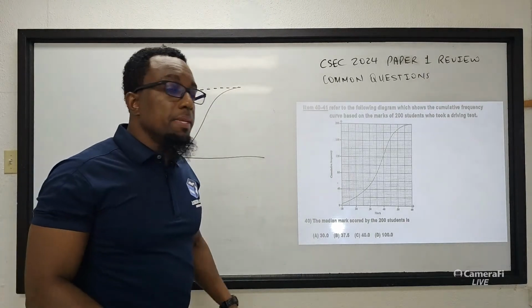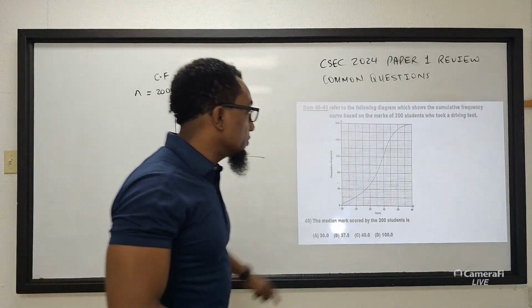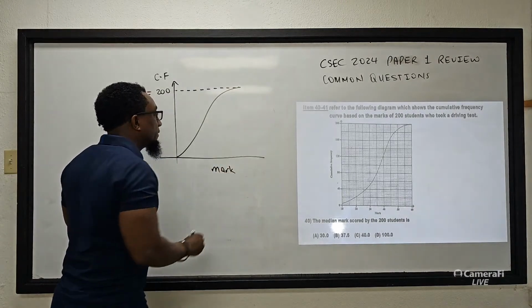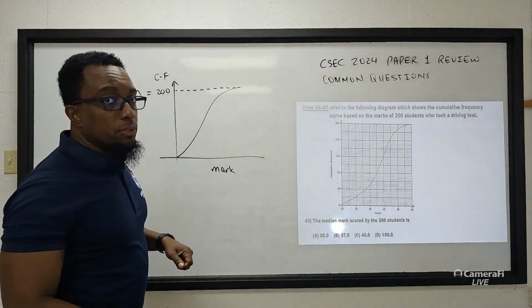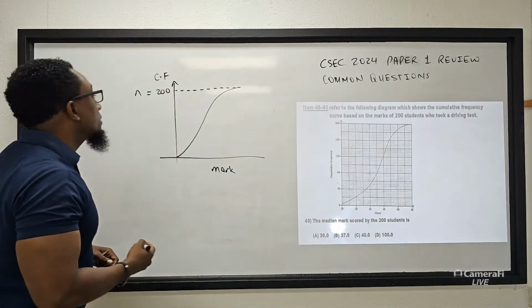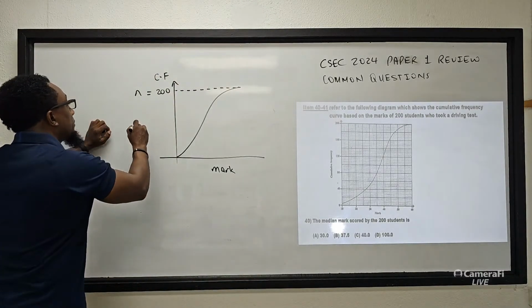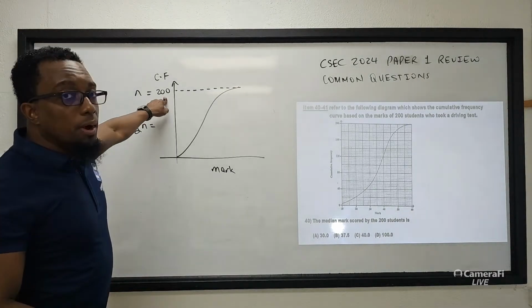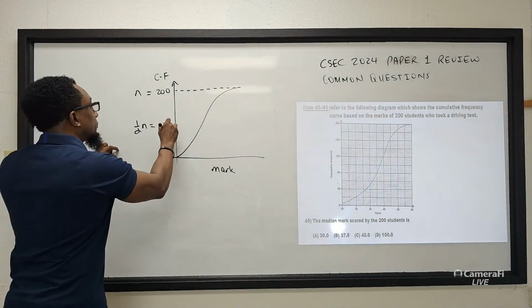So to determine the median mark, this is the mark axis here. For me to determine the median mark, this is what I do. I need to determine first the position of the median. So to find the position of the median, I'm going to use a half n. So a half of 200 is 100.